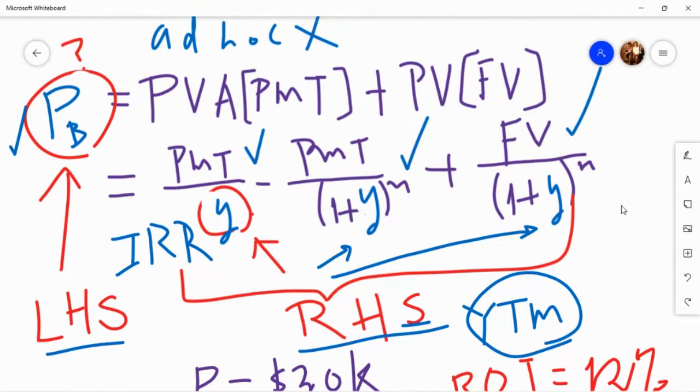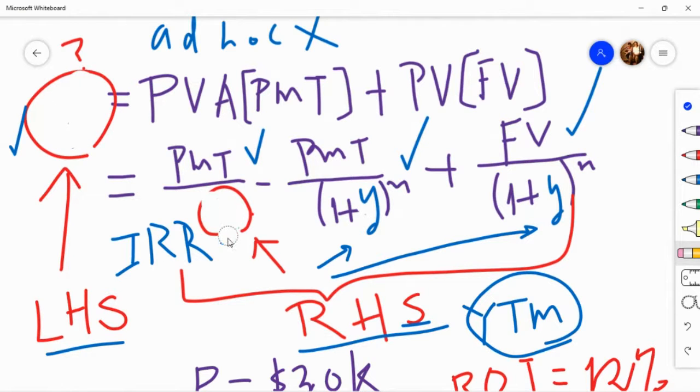Now, this is the formula for bond, right? And then bond pricing, and usually the question is about what is this?